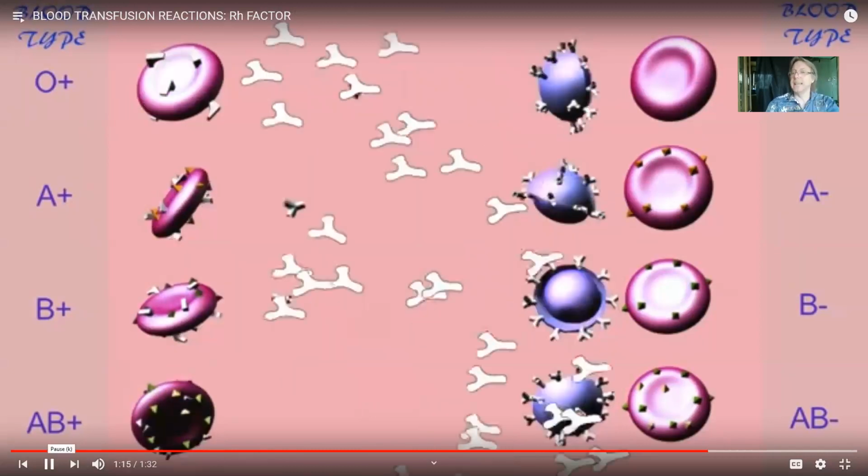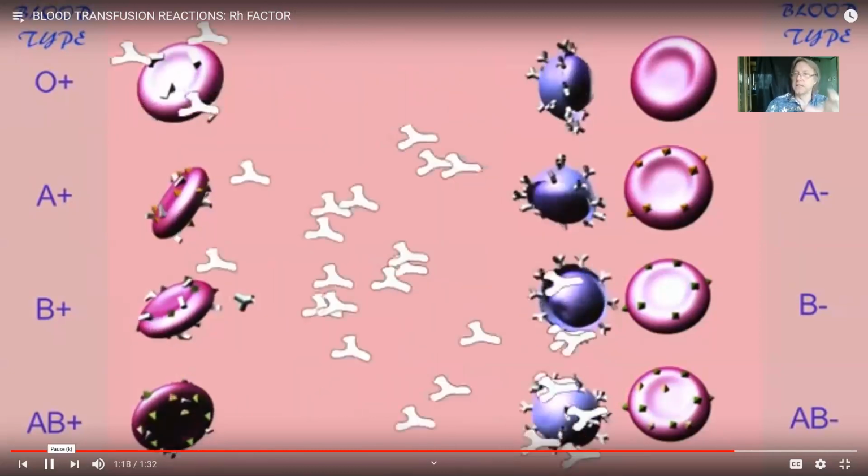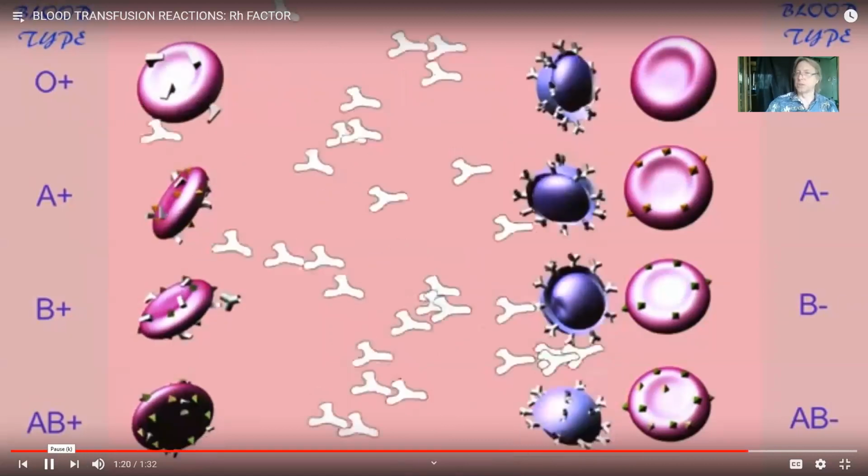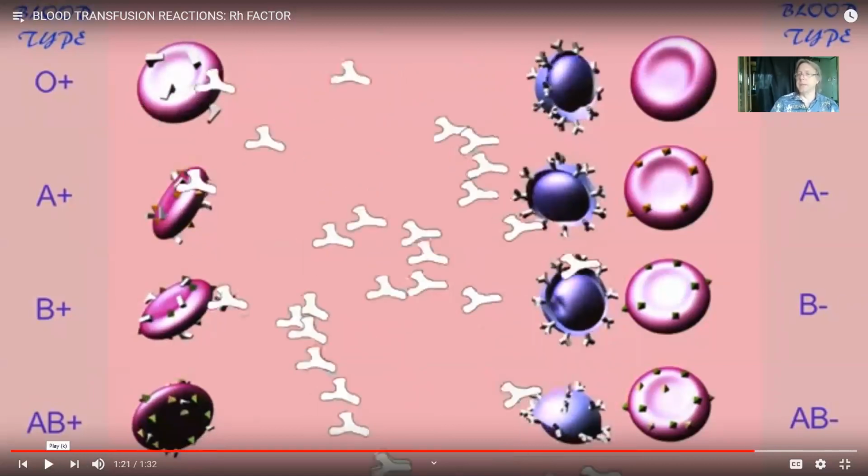So then the second time, you would see the clumping, the immune reaction. After the second time, it would be potentially life-threatening. So technically, if you asked what would happen if A positive donated to A negative, the best answer is it might be okay the first time, but after that, a problem.